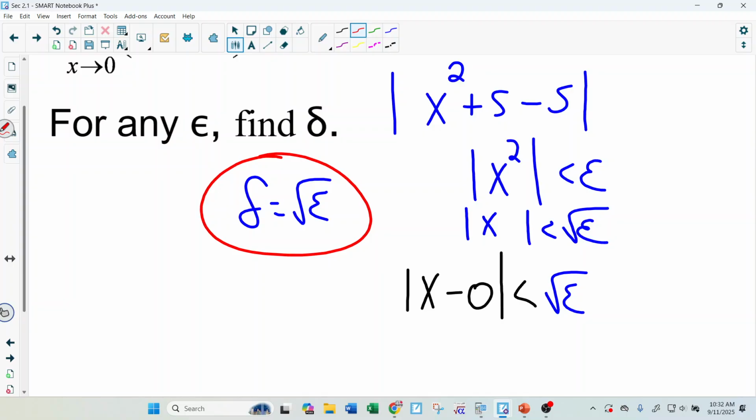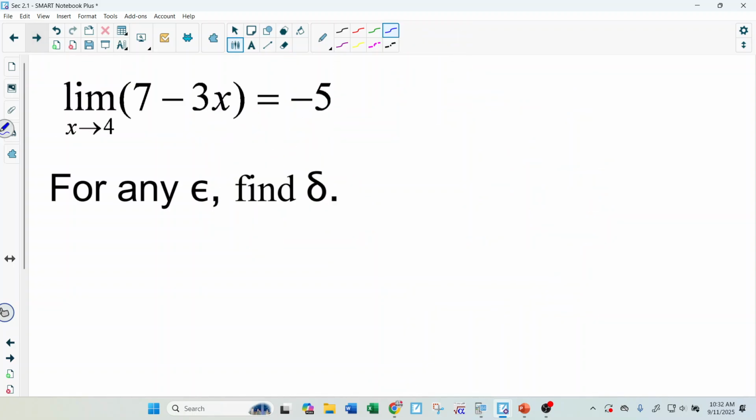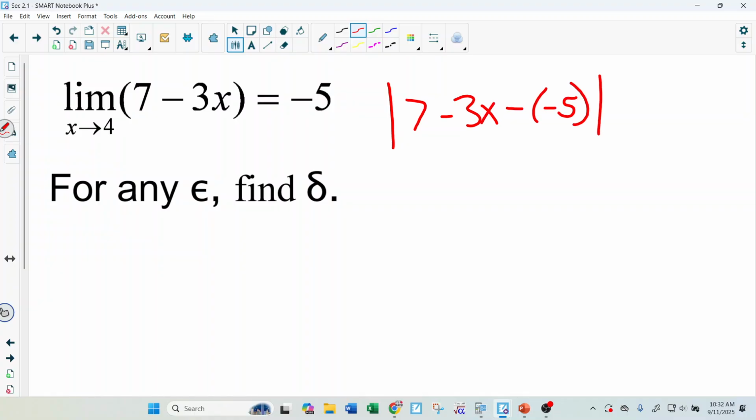All right, so another one. The limit of 7 minus 3x as x approaches 4 is equal to negative 5. Do the same thing. Think about what we want to get to. Try that one.